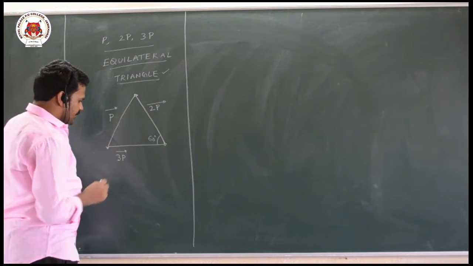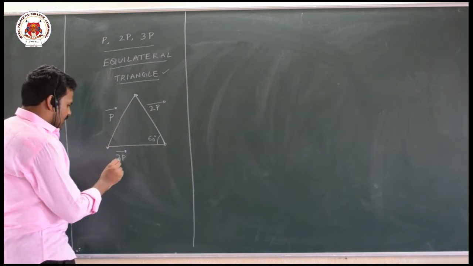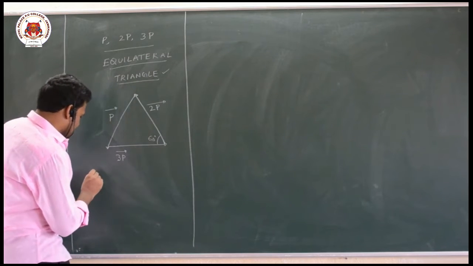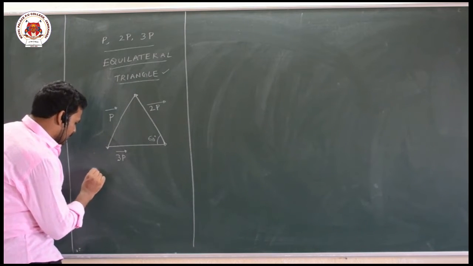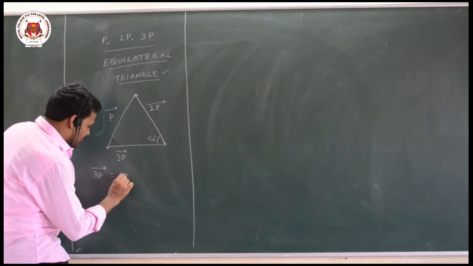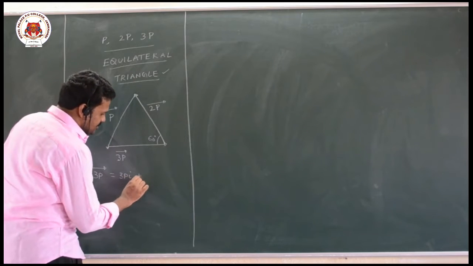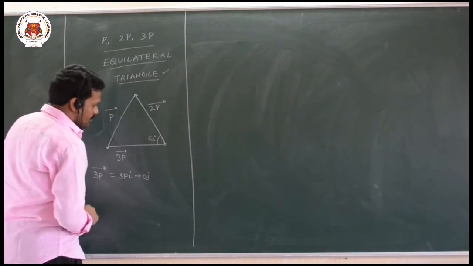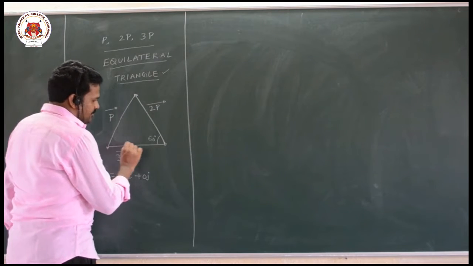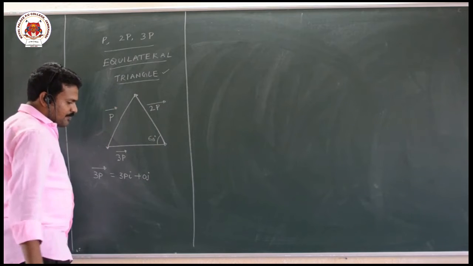Now see here what happens. First, this 3p bar I am writing as 3p i cap, because it is representing towards the x axis, plus 0j. You can observe this 3p is acting along the x axis like this. So I can write 3p i cap plus 0j.